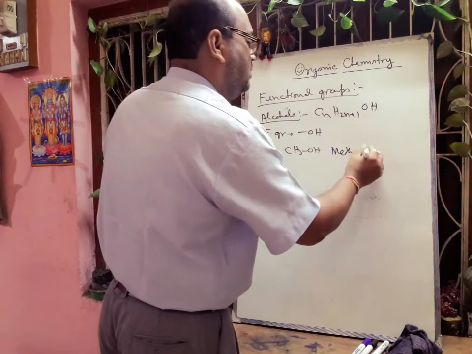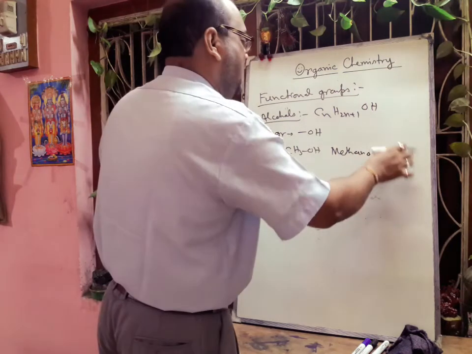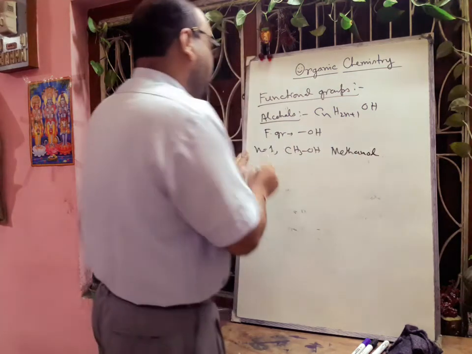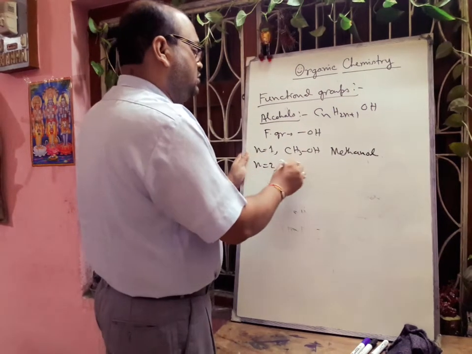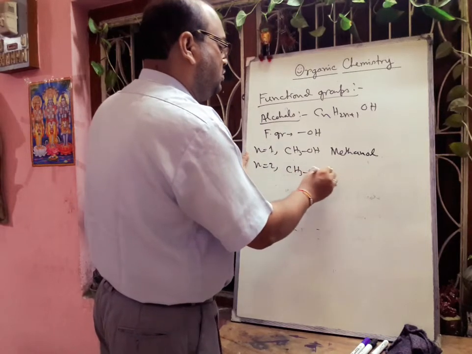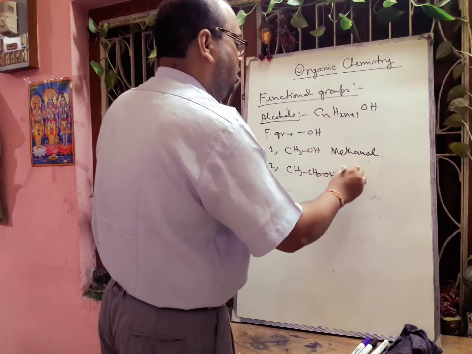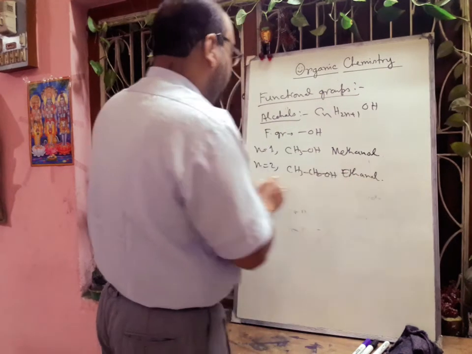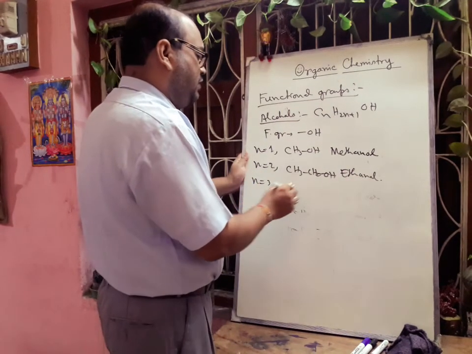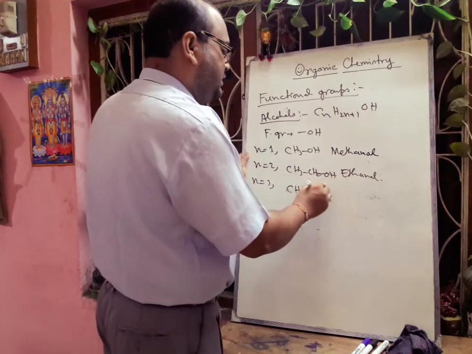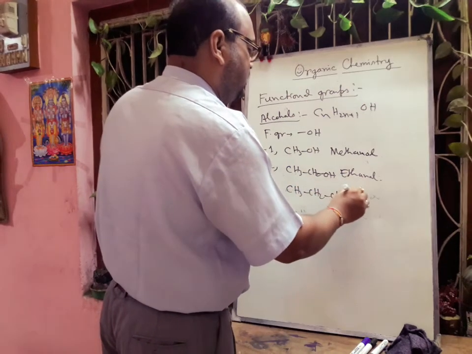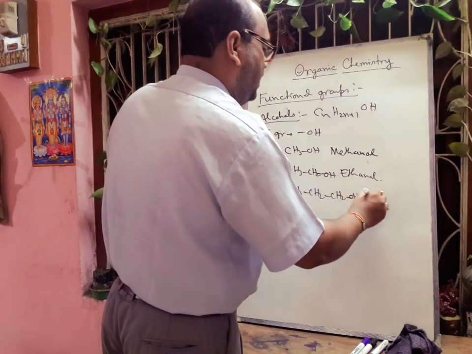Methanol, N-O-L, not L. And when n is equal to 2, this one is CH3CH2OH, that is C2H5OH. It will become ethanol. In this way, when we put n is equal to 3, then CH3CH2CH2OH, that is called propanol.